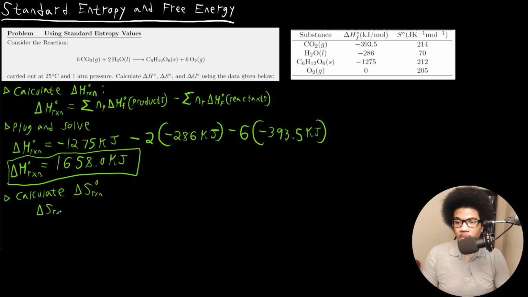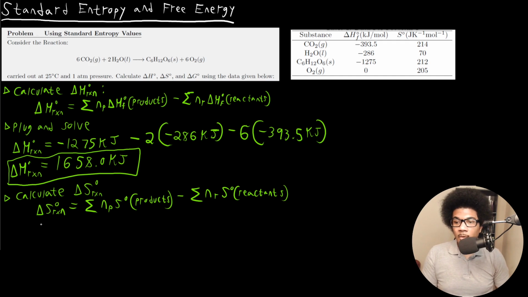Delta S for the reaction is equal to the sum of the number of moles of the products times the standard entropy for the products, minus the sum of the number of moles of the reactants times the absolute entropy for the reactants.